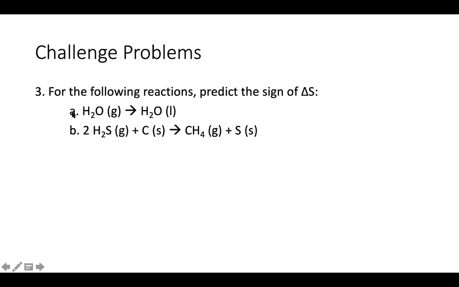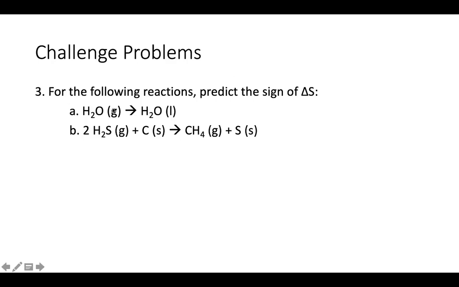So for A, we have water vapor. So it's in the gas phase, and it's going to condense down to a liquid, right? So entropy, or delta S in general, we know increases with temperature, but it also increases as you go from a solid to a liquid to a gas.